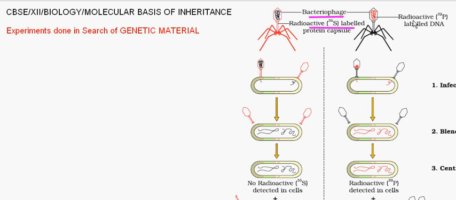So the viruses took the radioactive sulfur in their protein, and other viruses took radio-labeled P32, radio-labeled phosphorus, in their DNA. Then these viruses infected the bacterial cells.